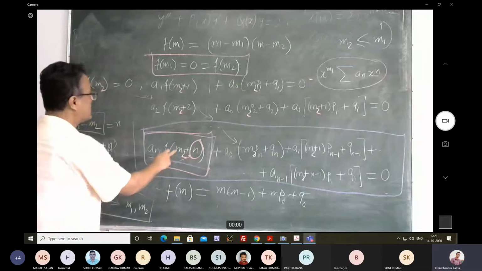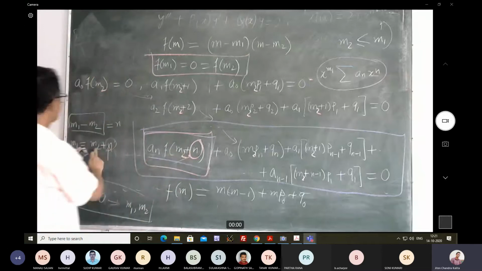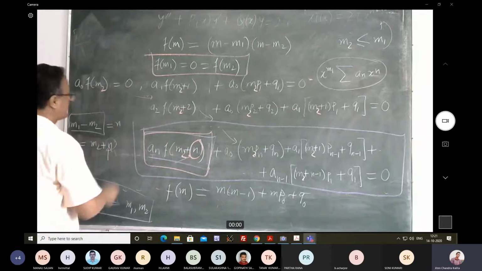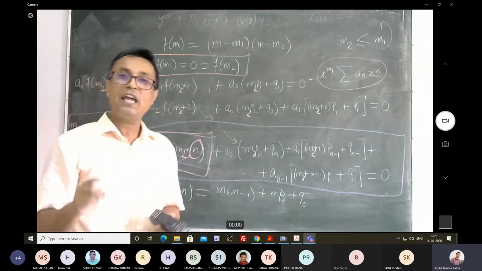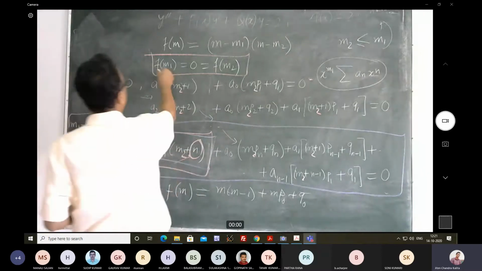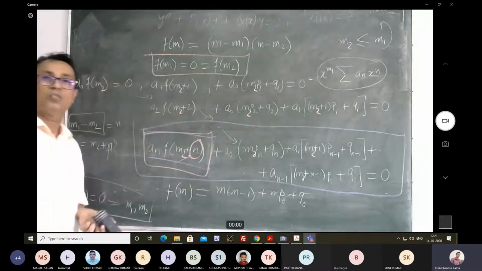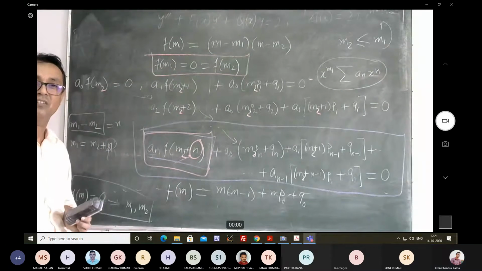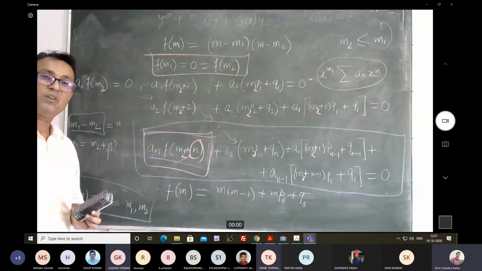And what is m2 plus n? m2 plus n equal to simply m1, right? But we know that m1 being a root of the initial equation, f of m1 equal to 0. Is it okay with everybody? Yes, sir.